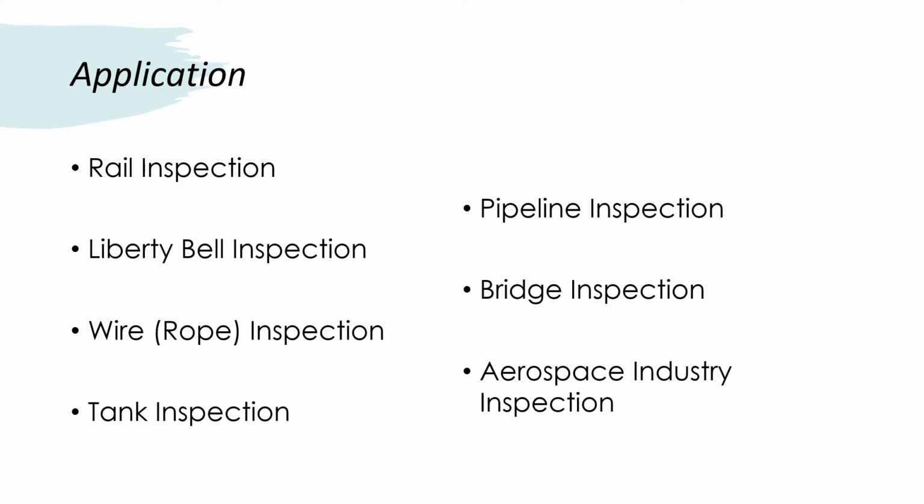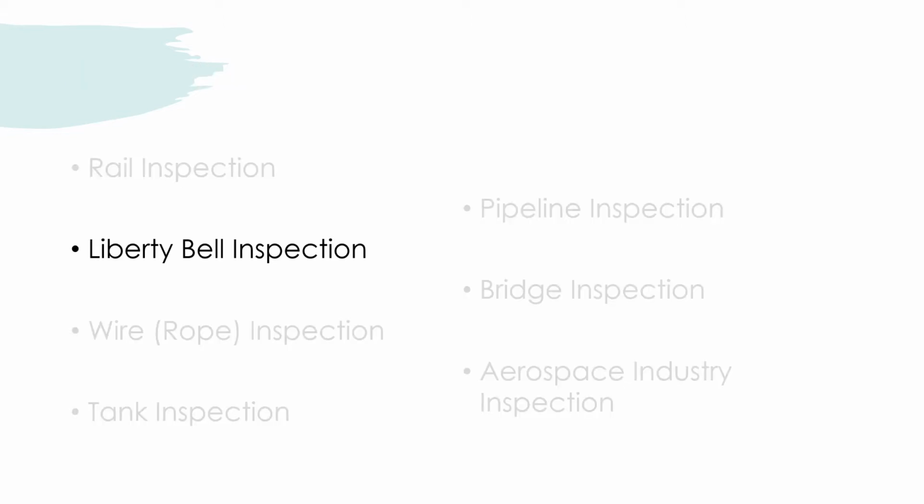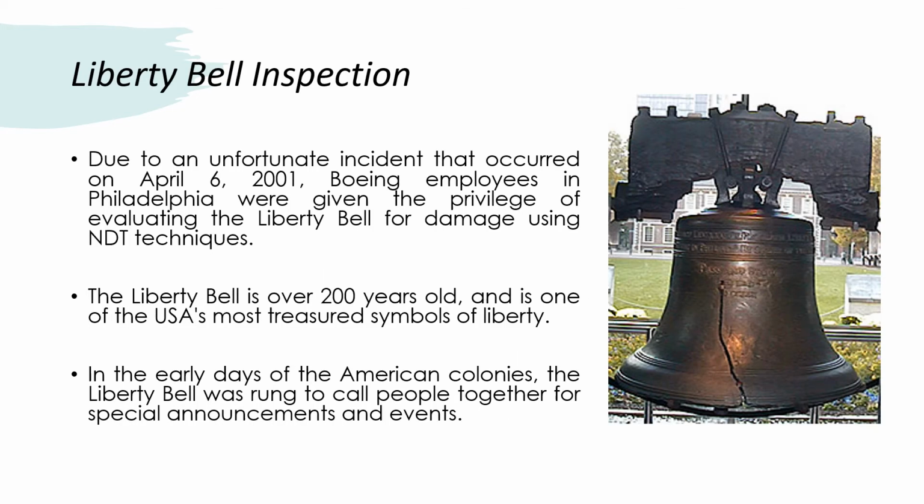As I told you in the previous class, we discussed various types of application among these 7. We already completed the rail inspection, and now we will discuss this Liberty Bell inspection.